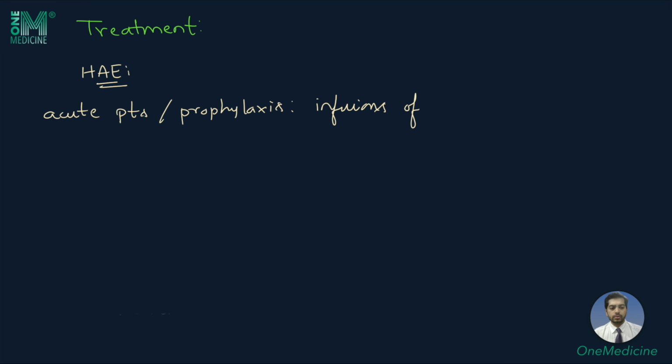In treatment of hereditary angioedema for acute patients or for prophylaxis, infusions of isolated or recombinant C1 esterase inhibitors can be used.